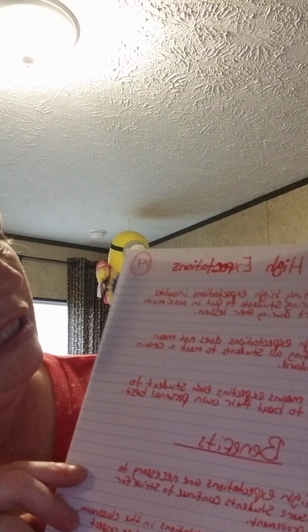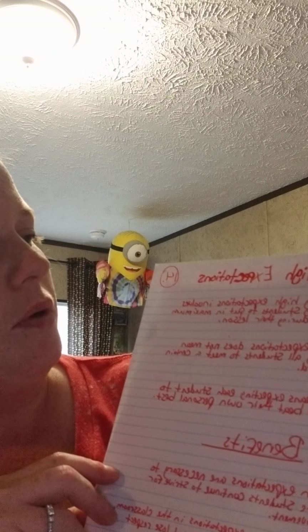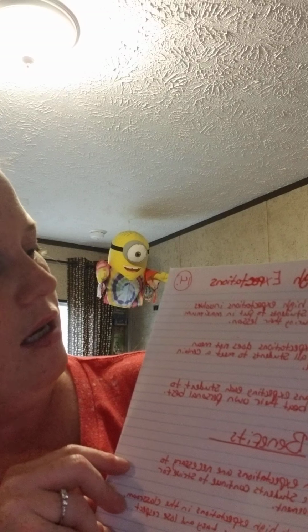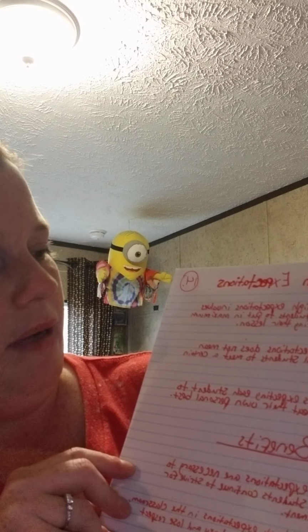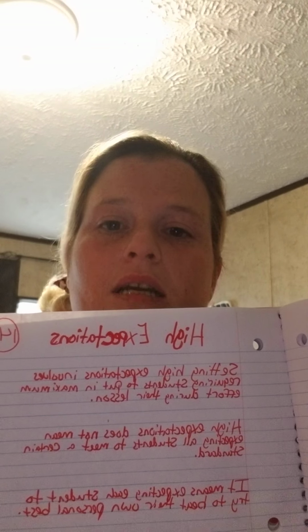High expectations. Setting high expectations involves requiring students to put in maximum effort during their lesson. High expectations does not mean expecting all students to meet a certain standard. It means students meet the standard that they are capable of doing. Just wants them to try their hardest, do the best they can.